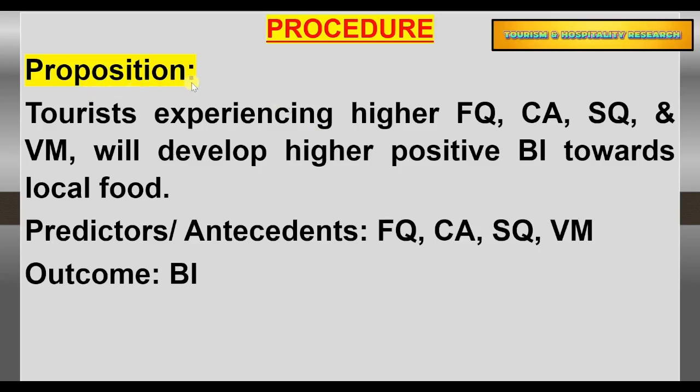The proposition in this case takes the example of tourists who are there to try local food at a destination. After reviewing the literature, it was found that tourists who experience higher food quality, higher cultural authenticity, higher service quality, and better value for money while they dine at any of the local food outlets will tend to develop higher positive behavior intention towards local food.